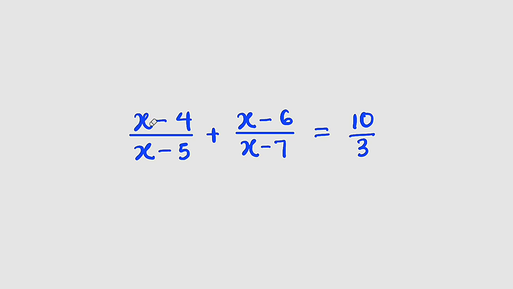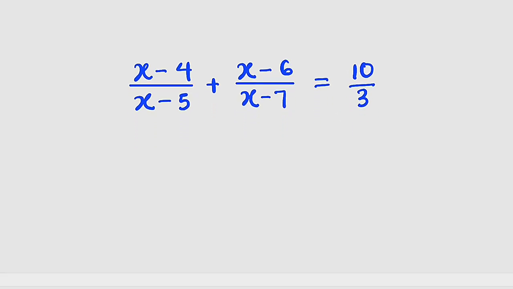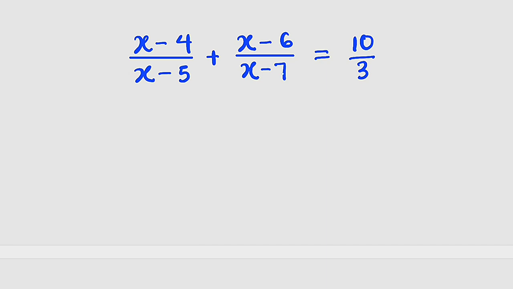The equation is (x minus 4) divided by (x minus 5) plus (x minus 6) divided by (x minus 7) equal to 10 divided by 3. I would like to simplify the left hand side first. So we can take this and multiply by this. So we have x minus 4 multiplied by x minus 7.